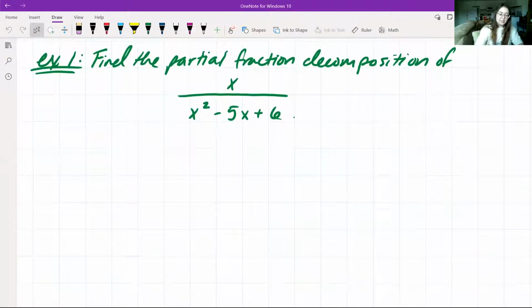All right, so let's go ahead and do example 1. We want to find the partial fraction decomposition of x divided by x squared minus 5x plus 6. First thing you always want to do is factor the denominator, or try and find out if it's irreducible.